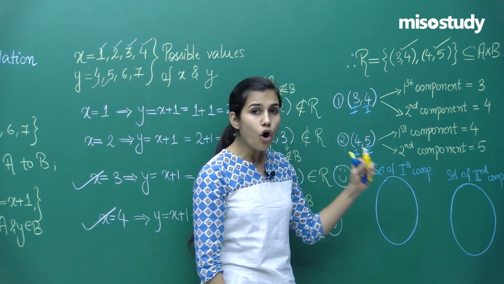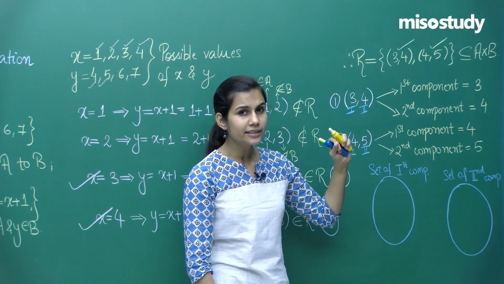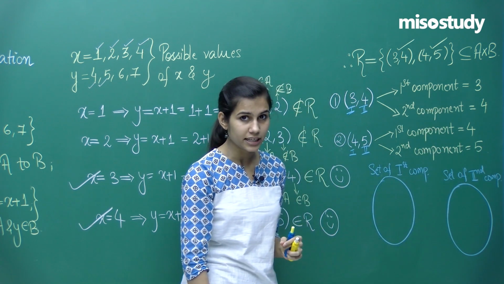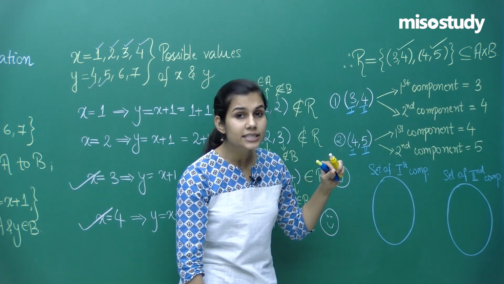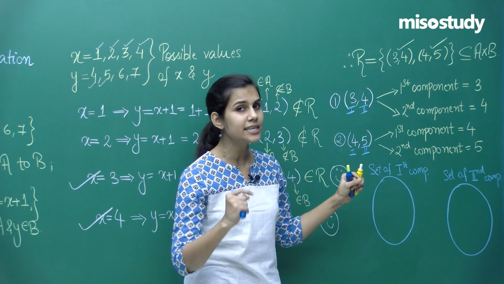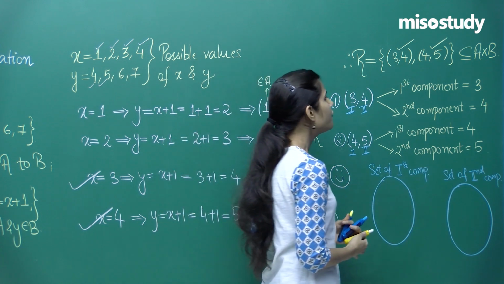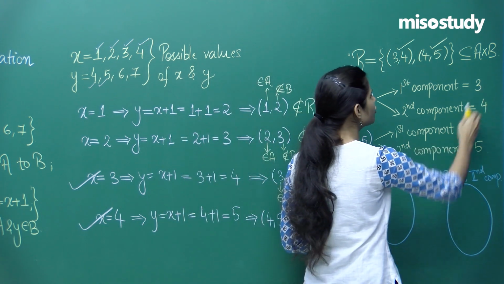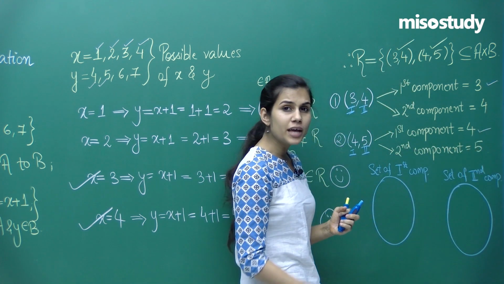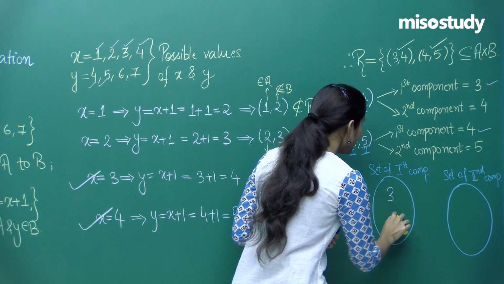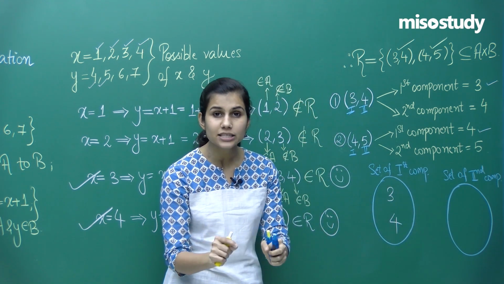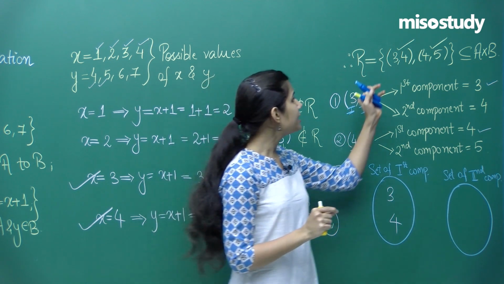I know that all the ordered pairs which sit inside the set R have their first and second components respectively. Collect the distinct first components and collect the distinct second components. Well, the first component is 3 and the second first component is 4. Both of them are distinct. Therefore, 3 and 4, this is the set of the first components of the ordered pairs sitting in the set R.